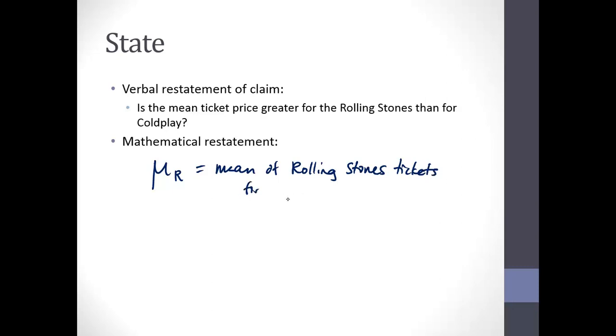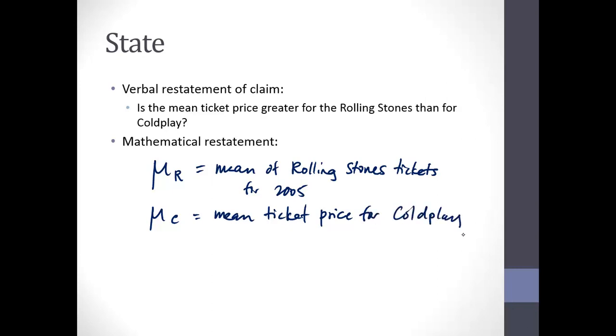And again, we could say for 2005, we're going to be very careful. And we'll let mu sub c equal the mean ticket price for Coldplay. Just setting up our notation there.